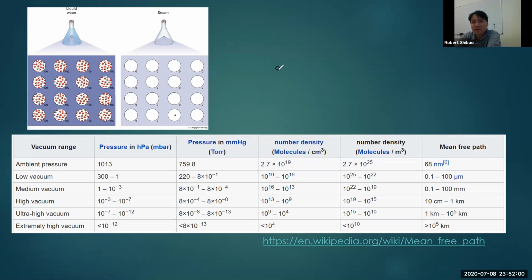A big atom is about 600 picometers. So let's say an atom is about 100 picometers roughly. Pico is 10 to the minus 12 meters, right? And then the mean free path is in nanometers, let's say 68 nanometers. A nano is 10 to the minus 9.